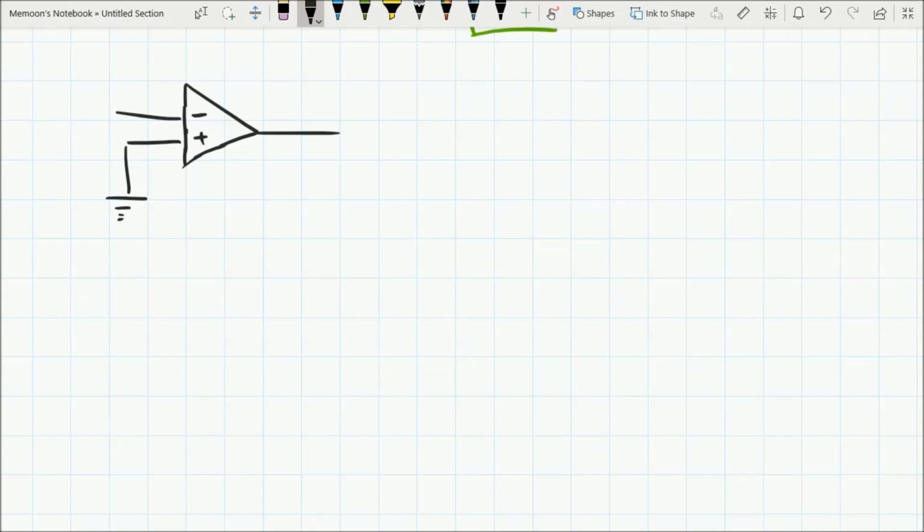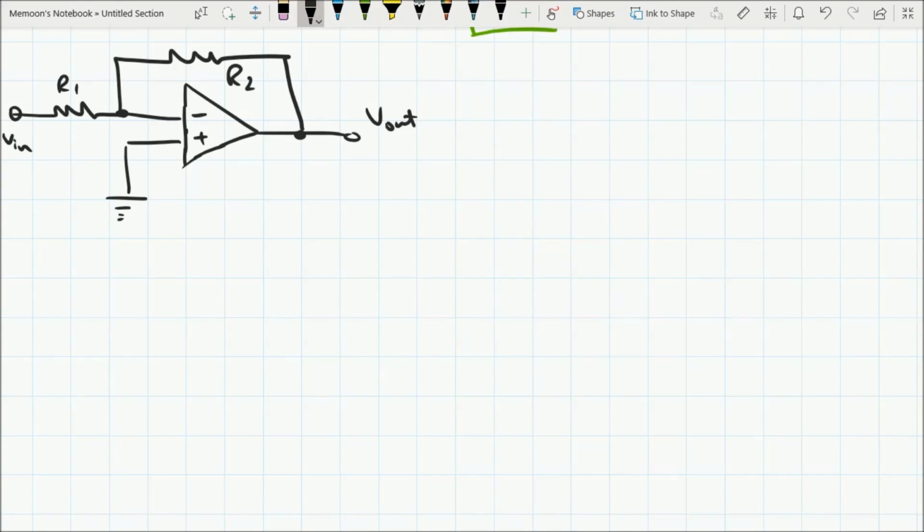Let's put this V positive to ground and give our input through a resistor to this negative terminal, and then connect a feedback with the output through a resistor. This is R2, this is R1, and here is our V in, and this is our V out.